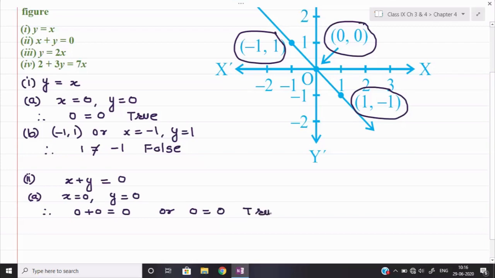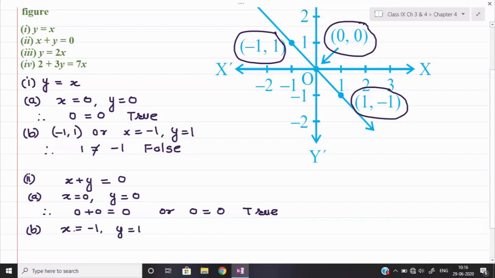Yes, we can say that 0, 0 is satisfying, but can we say that the remaining 2 points are also satisfying? Let us see part B. Now I am taking the value of x equal to -1 and the value of y equal to +1.